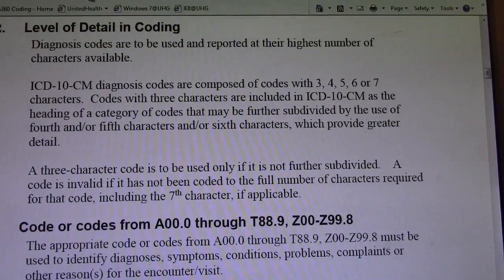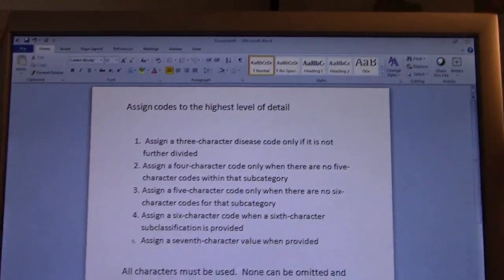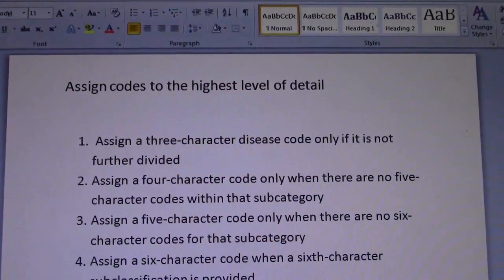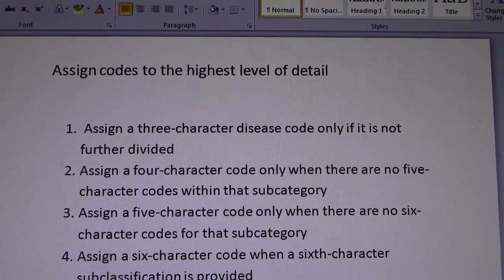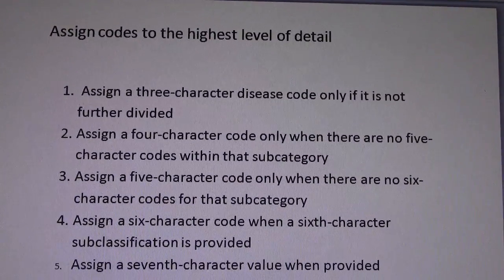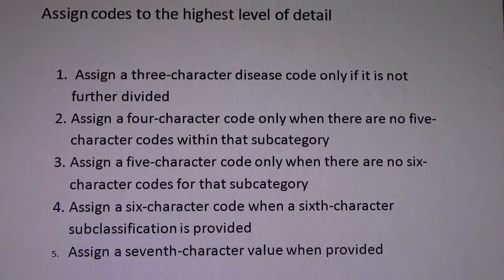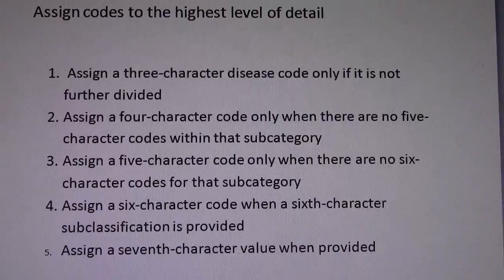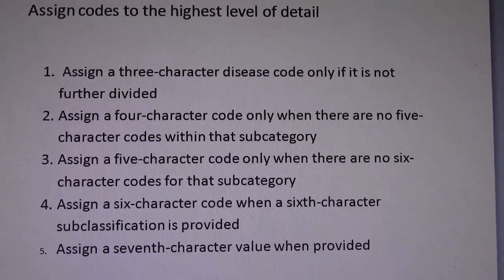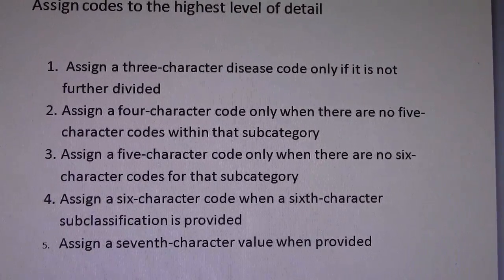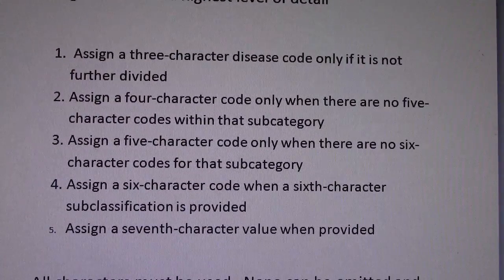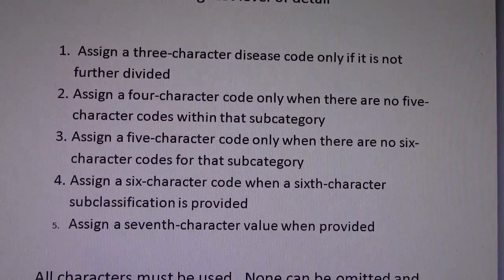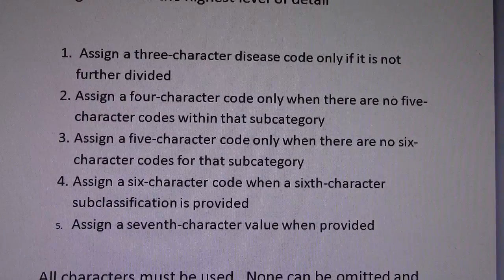So let me show you a sheet that I put together to study for this. And it just says, assign codes to the highest level of detail. How do you do that? 1, you assign a 3-character disease code only if it is not further subdivided. 2, assign a 4th character code only when there are no 5-character codes within that subcategory.